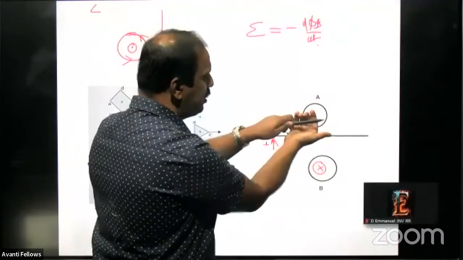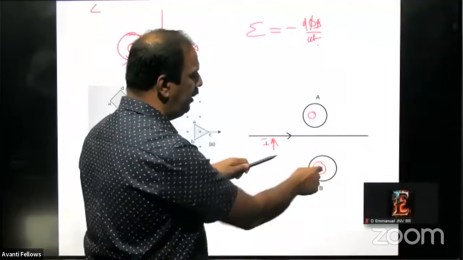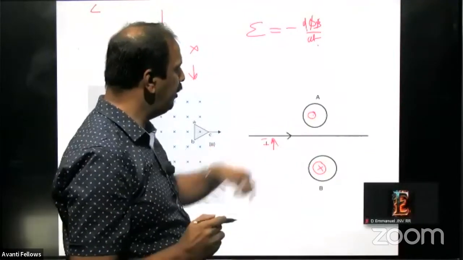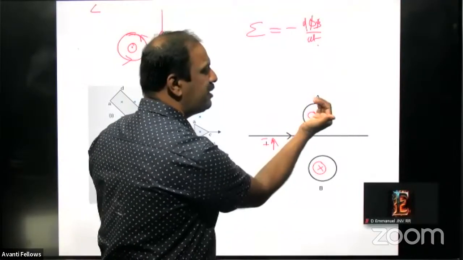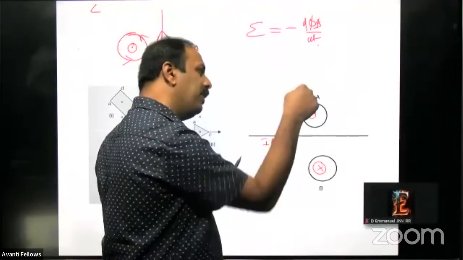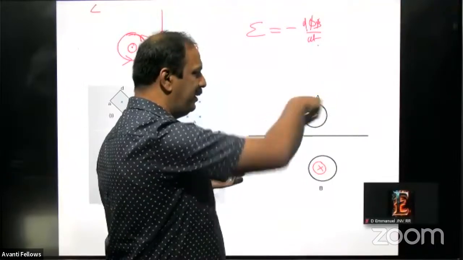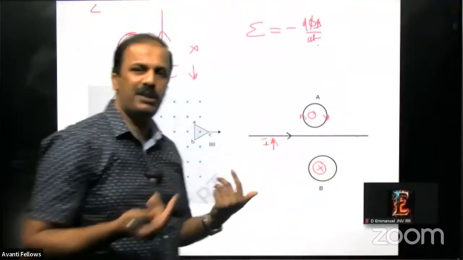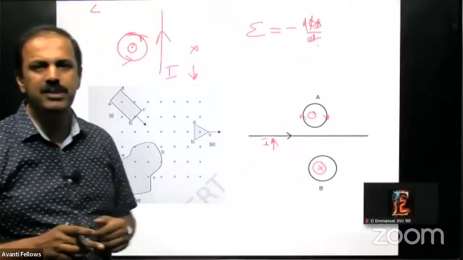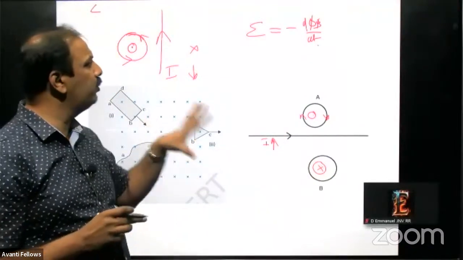So the magnetic field is this way. Here it is into the plane of the paper. So this magnetic field is increasing. We have to reduce it. It is already toward this side, so we have to reduce it, meaning you have to make it toward that side. So it should be like this. And here if you do, you will get the opposite because the magnetic field direction is different. So this is how you have to use Lenz's law.